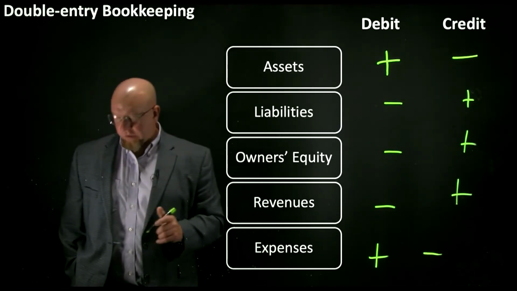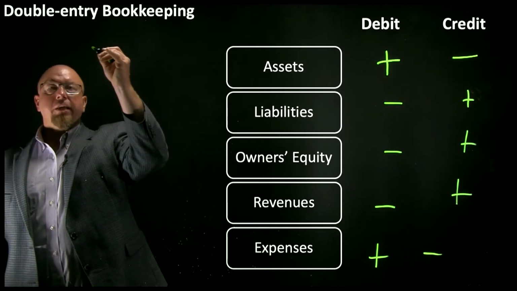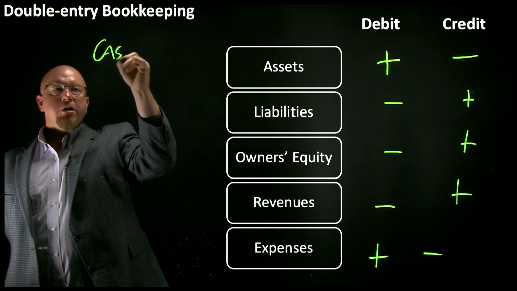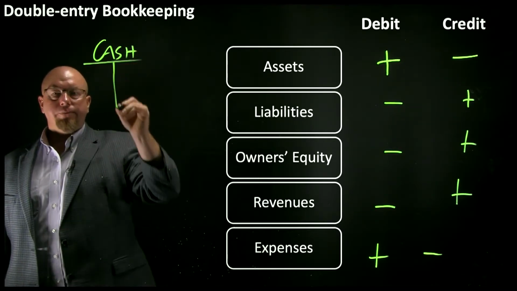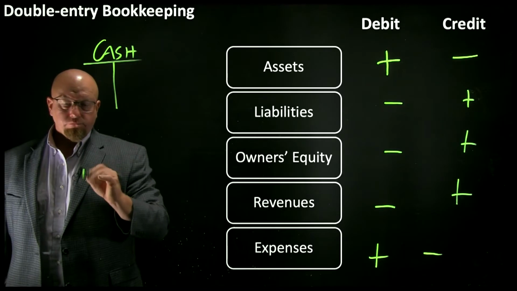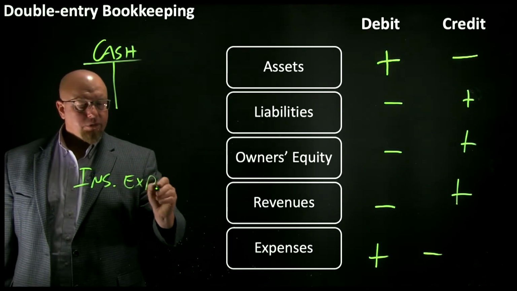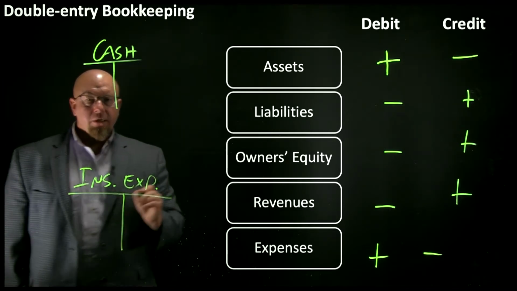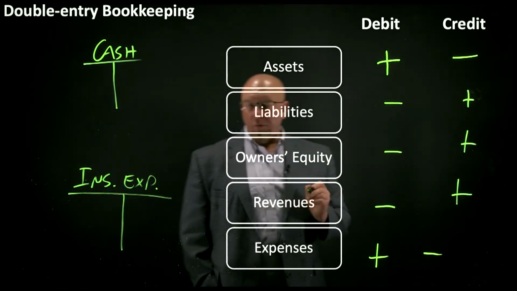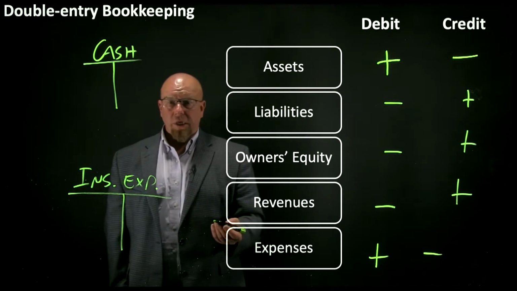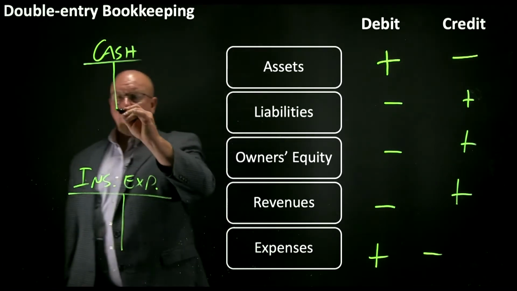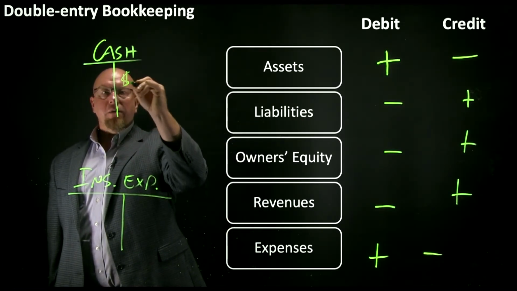And so to just give you one example, let's say that we have our cash account right here, and let's say that we're going to pay for some insurance coverage, insurance expense right here. So let's think about what's happening. We're making a payment to our insurance company. So cash is going to decrease, and I'm just going to make up a dollar amount.